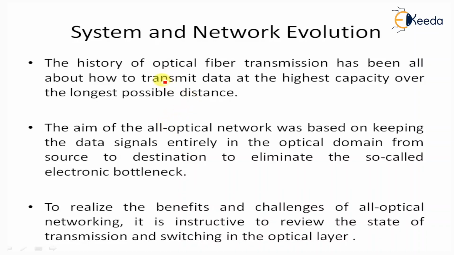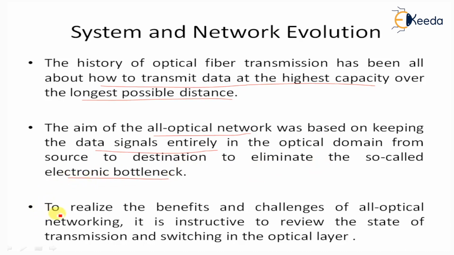The history of optical fiber transmission has been all about how to transmit data at the highest capacity over the longest possible distance. The aim of all-optical networks was based on keeping the data signal entirely in the optical domain from source to destination to eliminate the so-called electronic bottleneck.